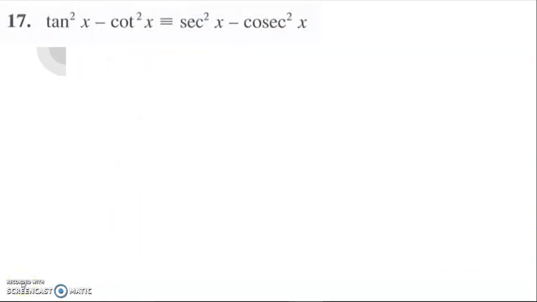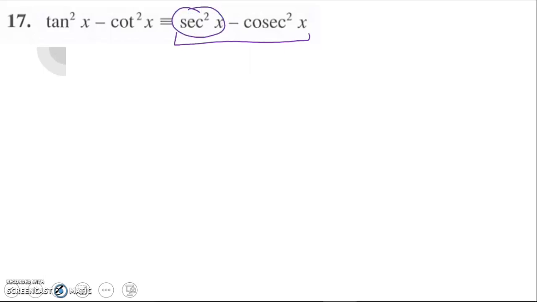Alright, 17. Both these sides are equally complicated. Okay, I'm going to choose the right side and help prove that's identical to my left side. Secant squared x minus cosecant squared x. Again, secant squared x, you know one of those identities already.